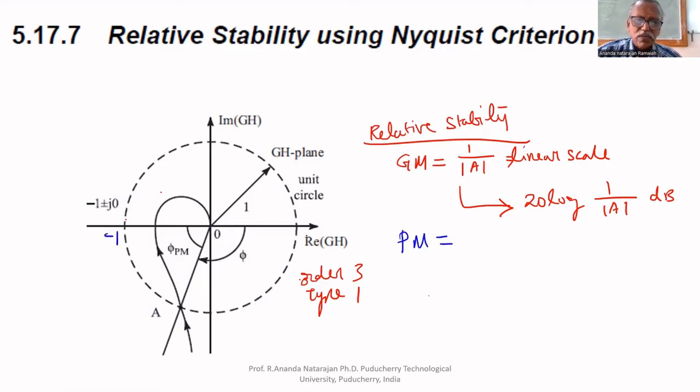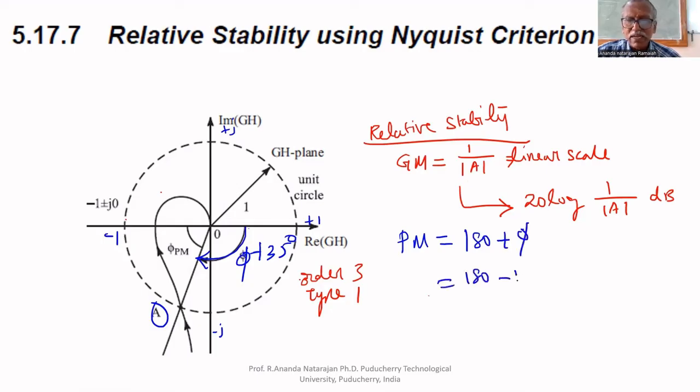This is unit circle. Minus 1, plus 1, plus j, minus j. The Nyquist plot cuts the unit circle at A. The angle at that point is phi. Suppose say this is minus 135 degree. Therefore, phase margin equal to 180 plus phi, that is equal to 180 minus 135, 45. Therefore, the phase margin is 45.